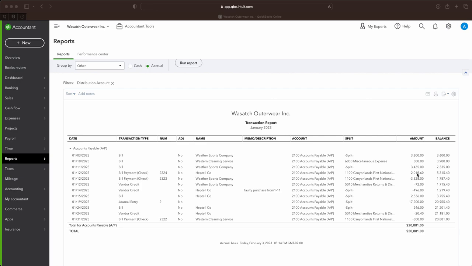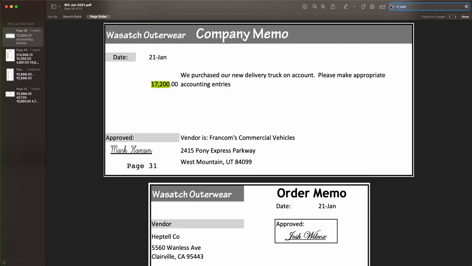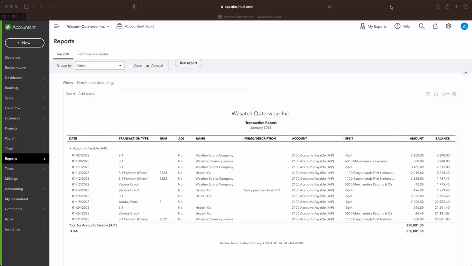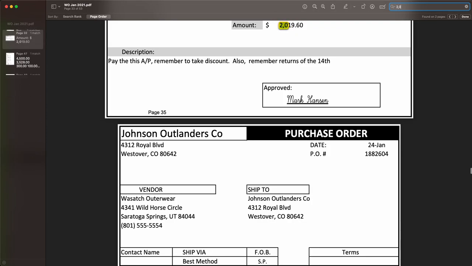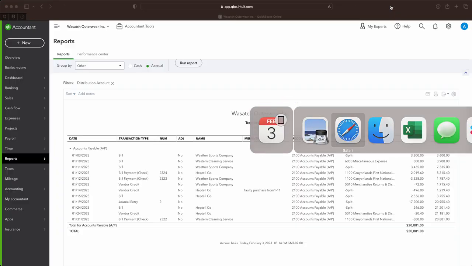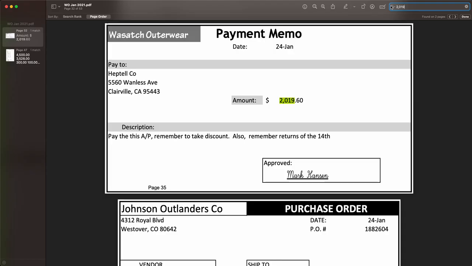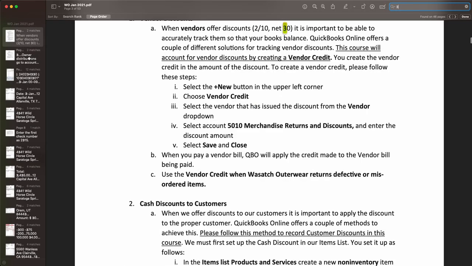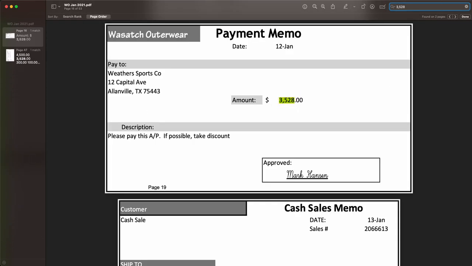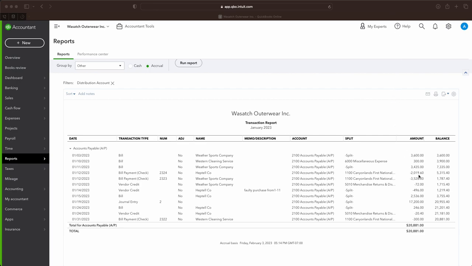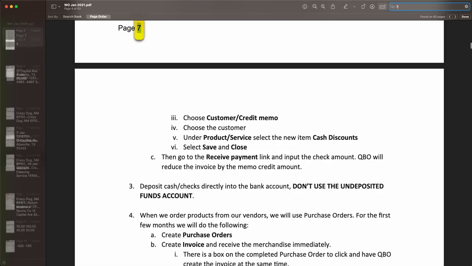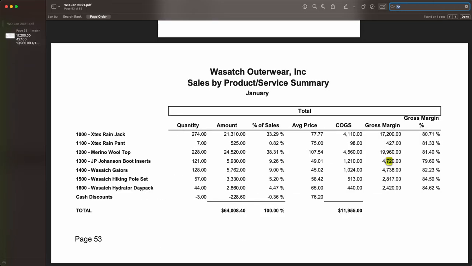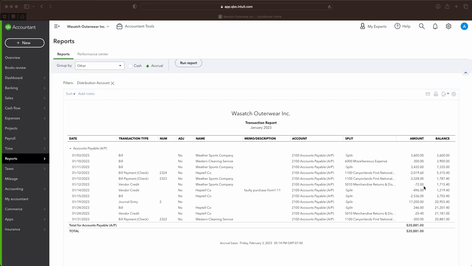Take too much. Let's check these payments out. The payments will matter as well, obviously. So there's one payment. 3,528. There's another payment. 72. What's this payment?